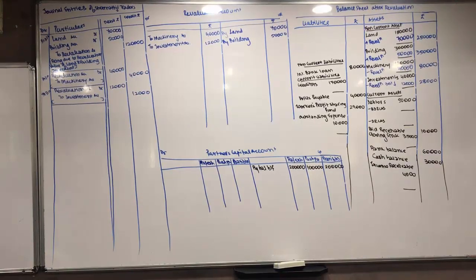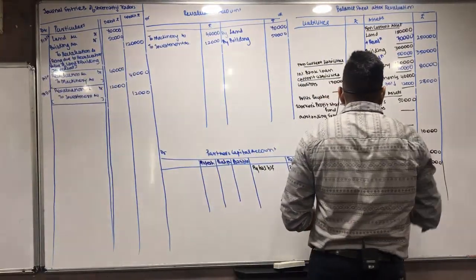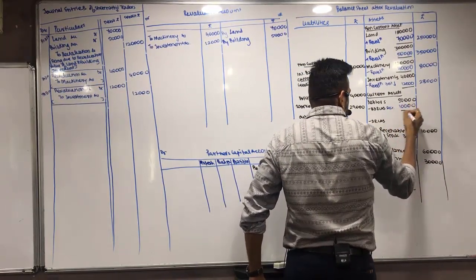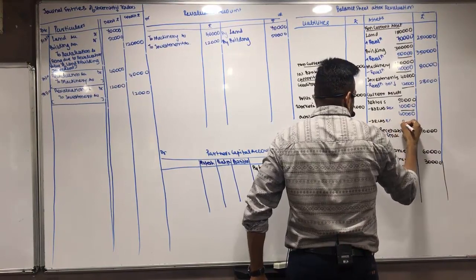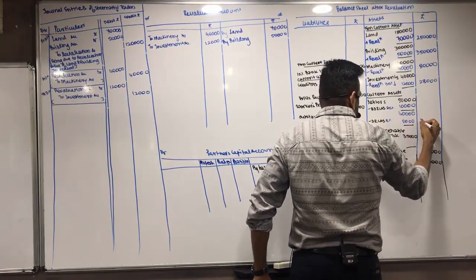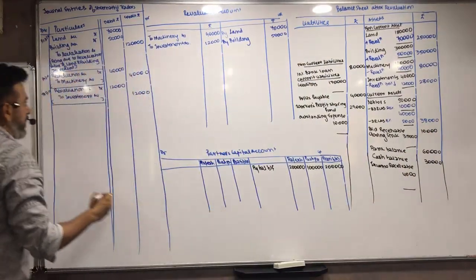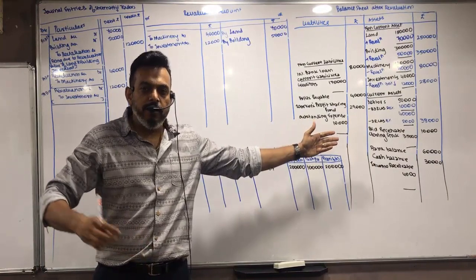Then provision for bad debt reserve 20% and discount reserve 5%. Let's do it. 20%, so 10,000, 40,000, and 5%, so 2,000, 38,000. Second effect, creation of reserve is against an asset.